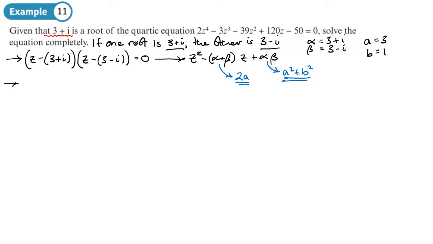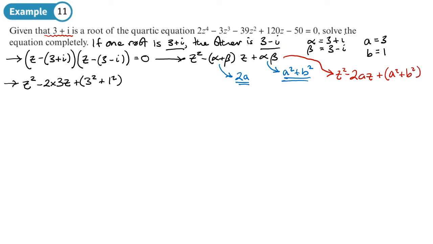So what we're going to get is z squared minus 2 times a, so that's minus 2 times 3z, and then plus a squared plus b squared. So you could take this and say z squared minus 2az plus a squared plus b squared.